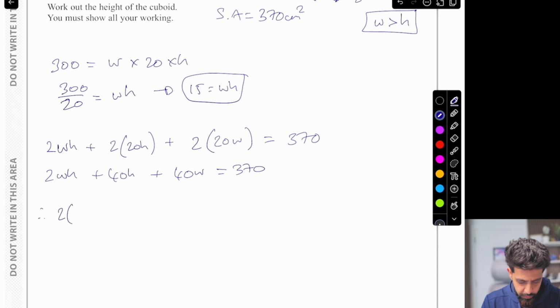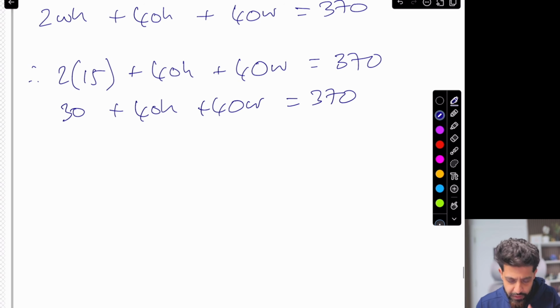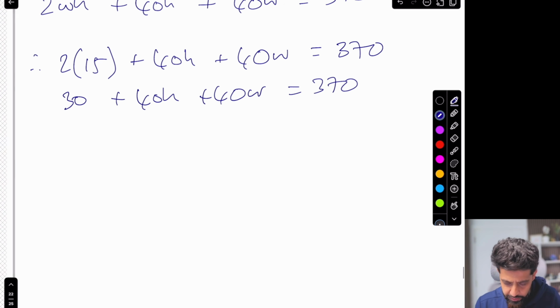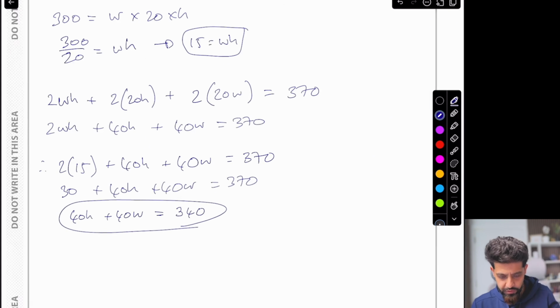So therefore, 2 times 15 plus 40H plus 40W is equal to 370. That would be 30 plus 40H plus 40W is equal to 370. And now, okay, take the 30 to the other side. So we have 40H plus 40W is equal to 340. So we have this most simplified now.